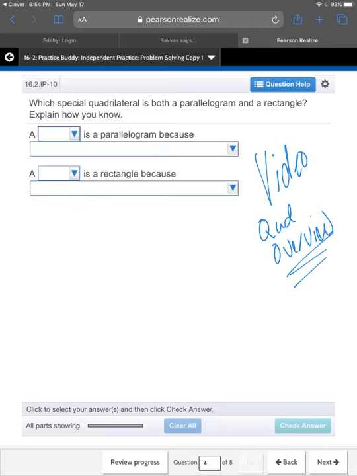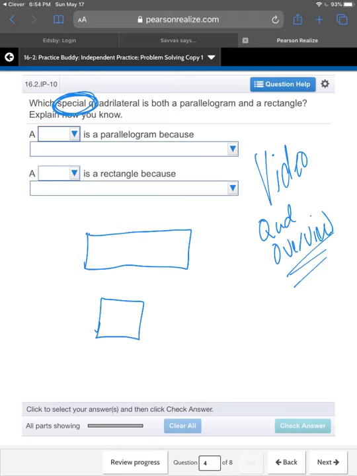Okay, so let me draw a rectangle. And what's another rectangle? Remember, squares are rectangles. So a square, remember it says special quadrilateral.